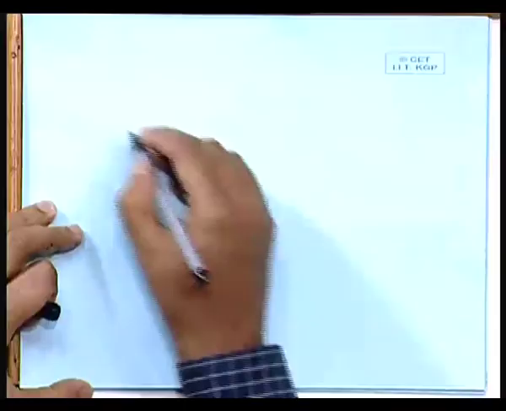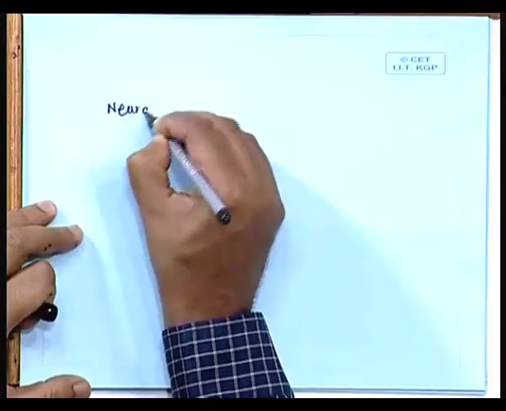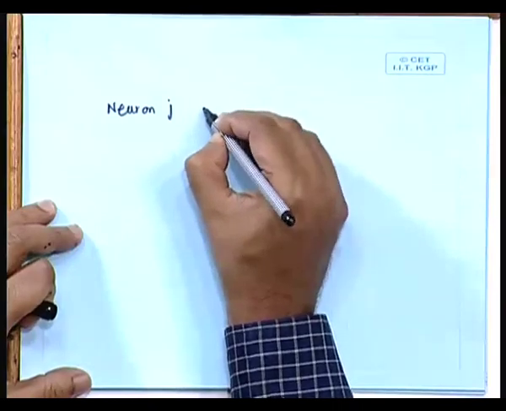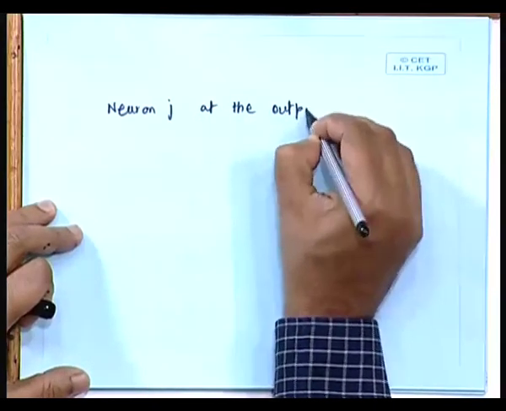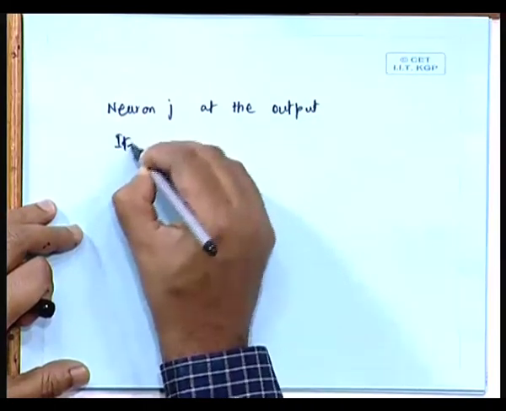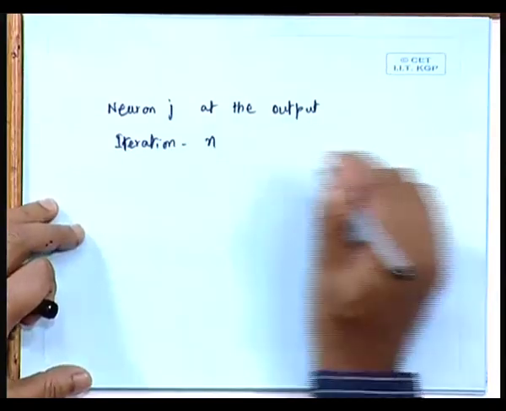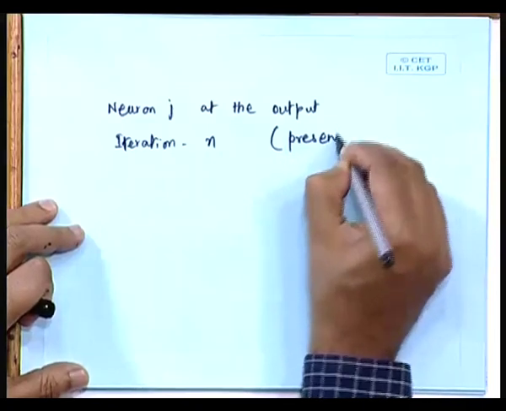So, let us consider an output neuron J. We consider neuron J at the output, and we consider the iteration number to be n. Iteration n means it is the presentation of the nth pattern.